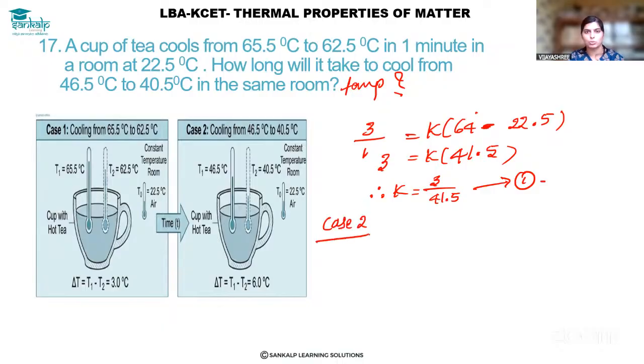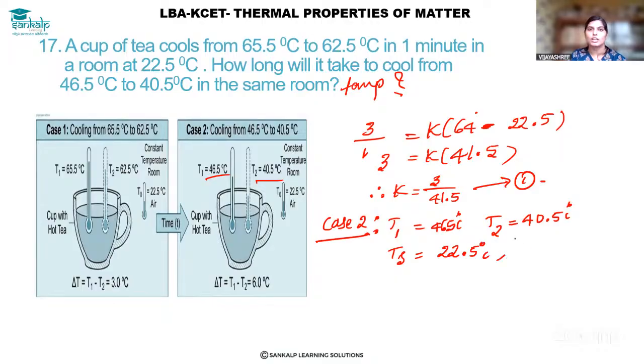So case number 2. Now what are T1 and T2? T1 is 46.5 degrees Celsius and T2 is 40.5 degrees Celsius. Surrounding temperature is the same, 22.5 degrees Celsius.